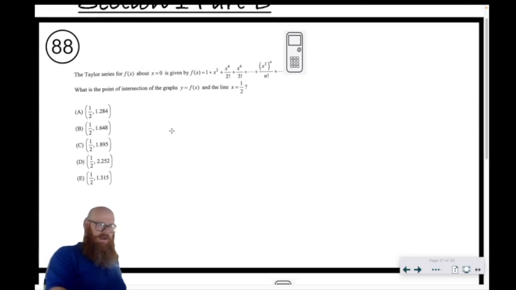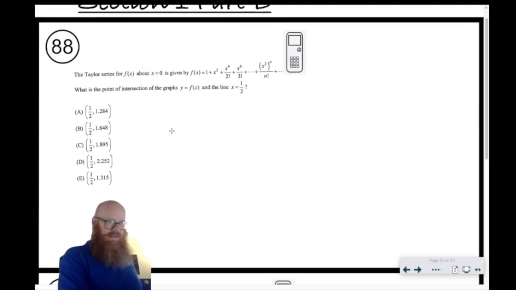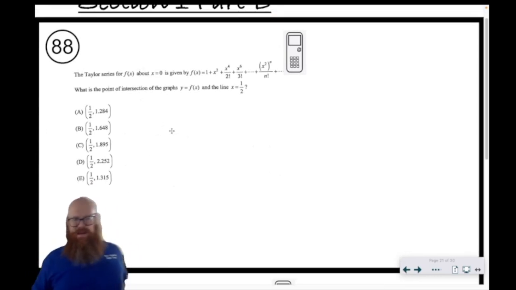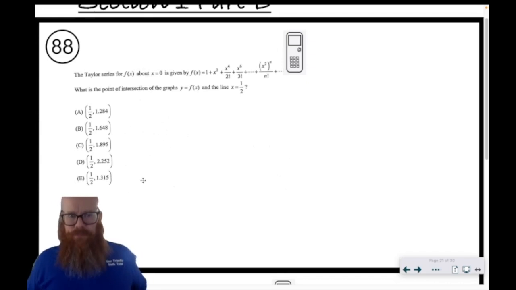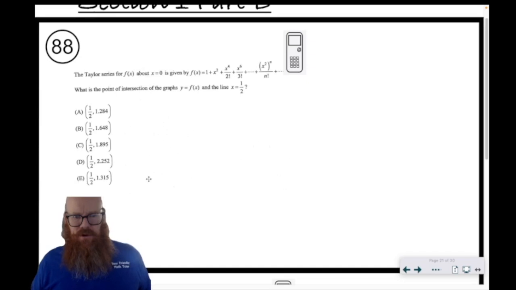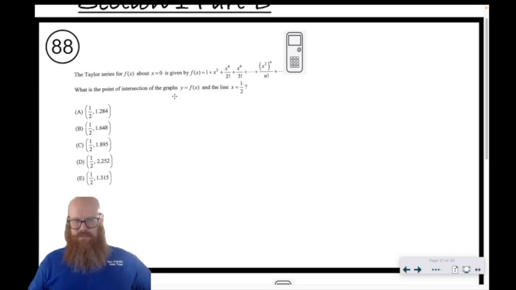All right, we are getting near the end here, so let's take a look at number 88. So we got another Taylor series. What's the point of intersection of the graphs of f of x and the line x equals 1/2?